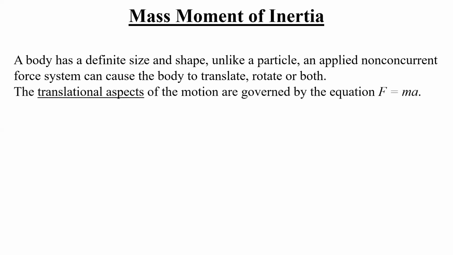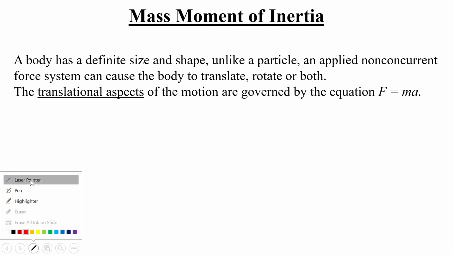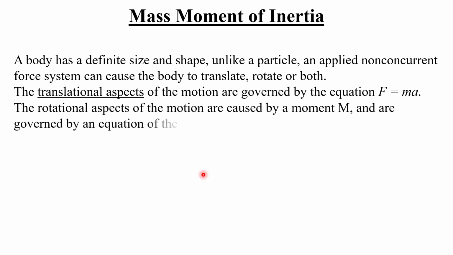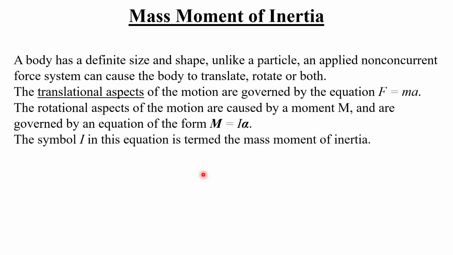So the translational aspects of motion are governed by the equation of motion, which says that F is equal to ma. The rotational aspects of the motion are caused by a moment, M, and are governed by the equation of motion of the form M is equal to I alpha, where I is the mass moment of inertia, because we have area moment of inertia.